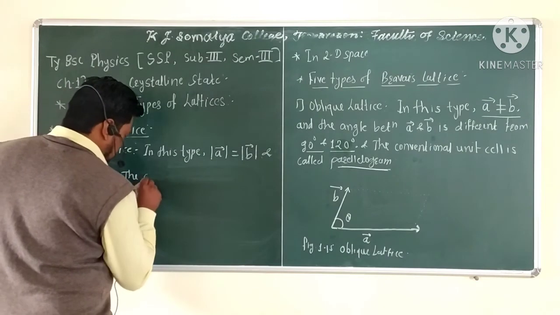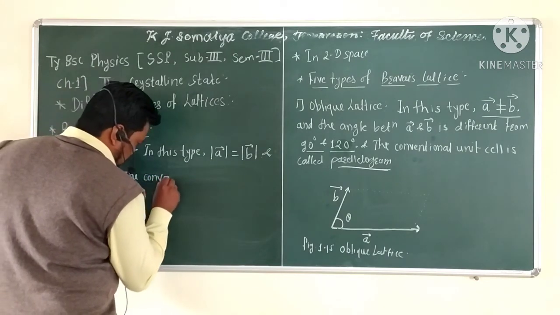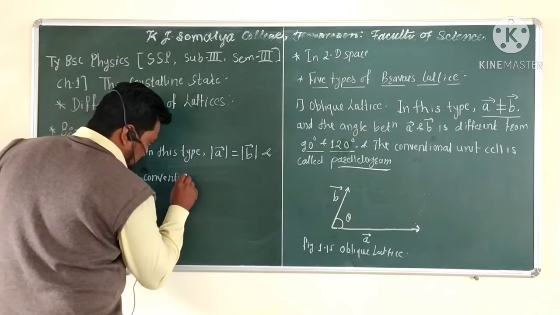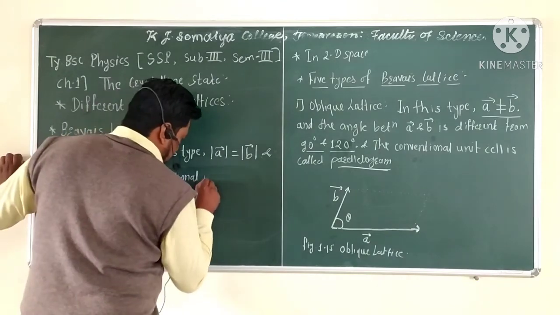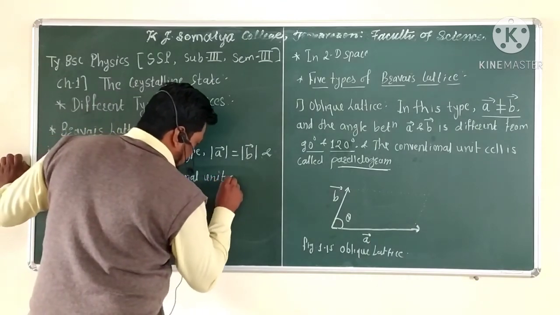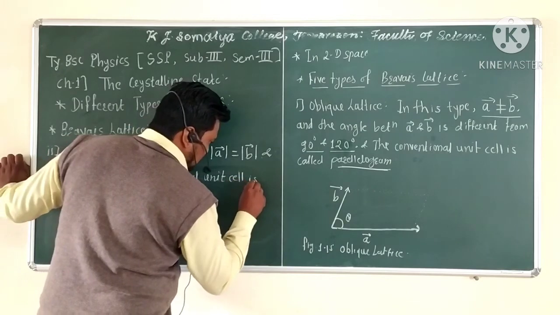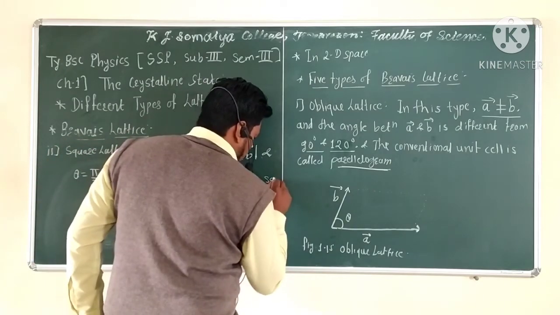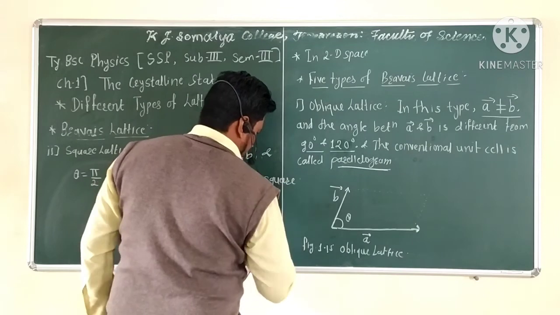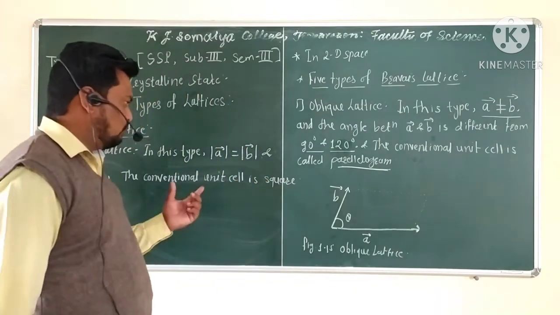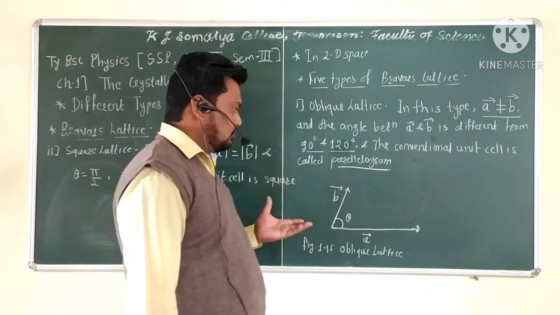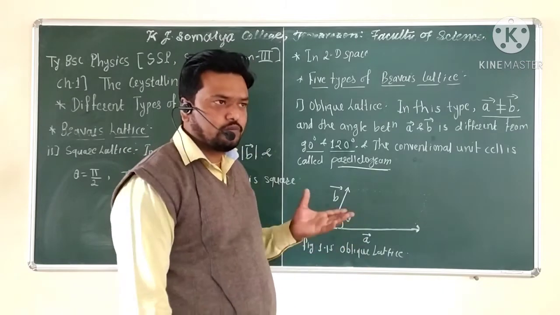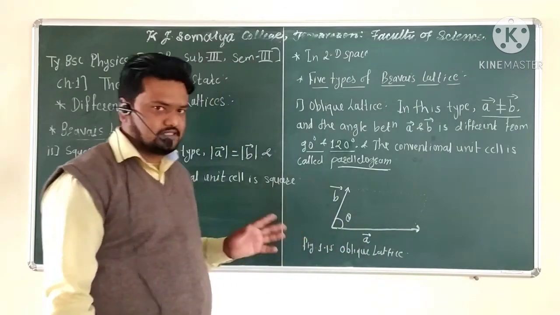The conventional unit cell is a square. So by joining two vectors, whatever geometrical structure is formed here is known as the square.